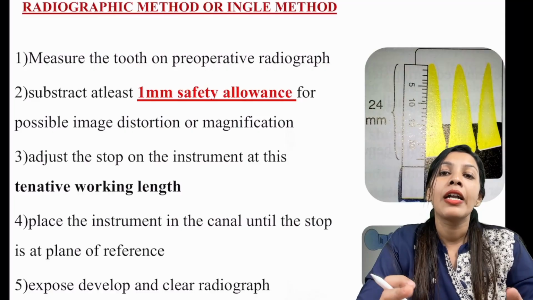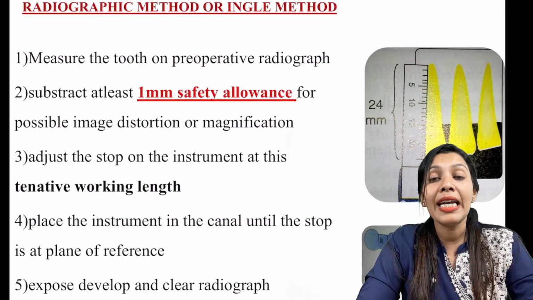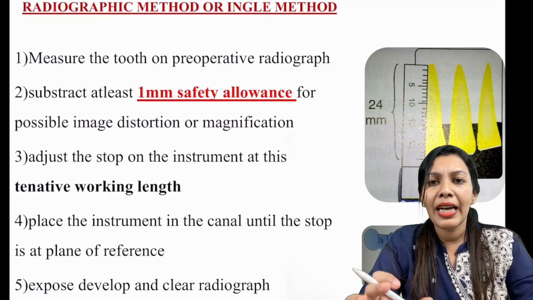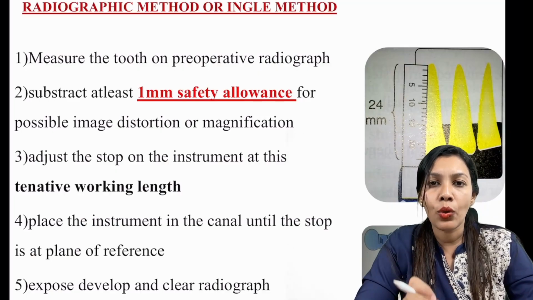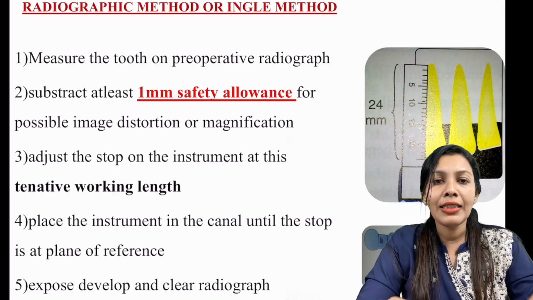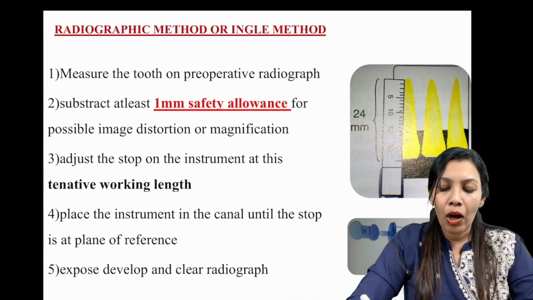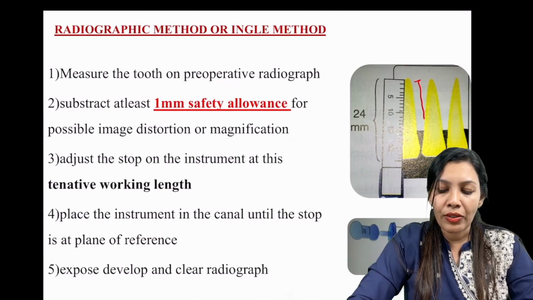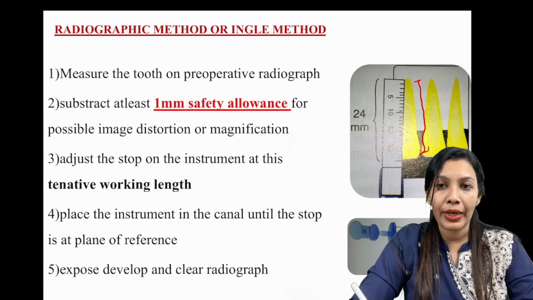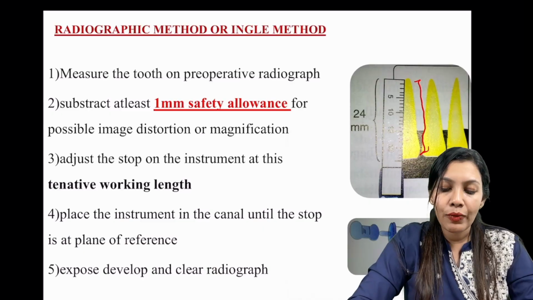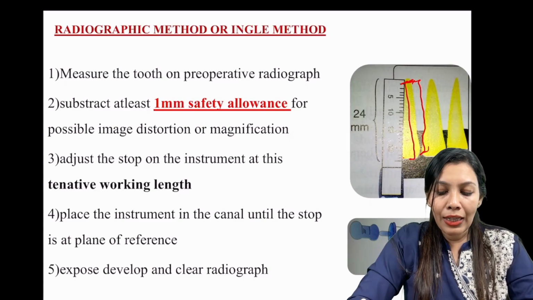First is the normal radiographic method, or Ingle's method, which we carry out. There are certain terms that you need to know in this. First, we will be taking the preoperative radiograph of the tooth to be treated. Just think that this is the preoperative radiograph, and from that, with the help of a ruler, we will calculate the length of the tooth.